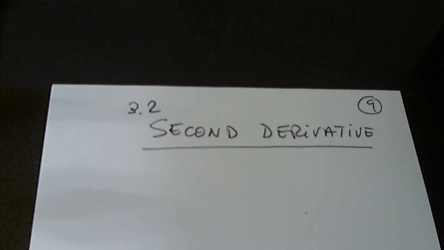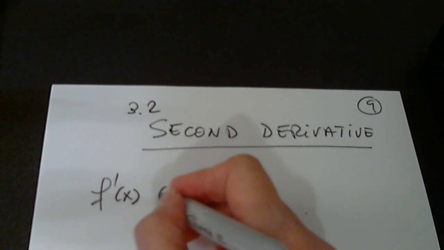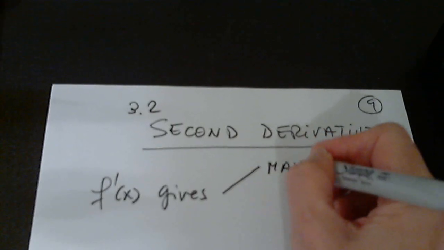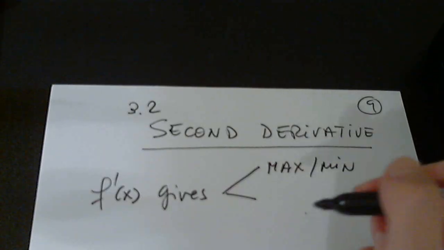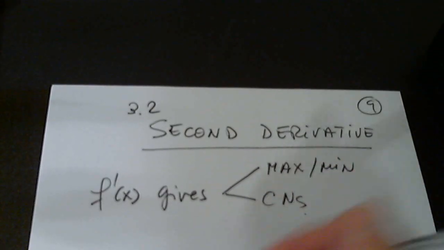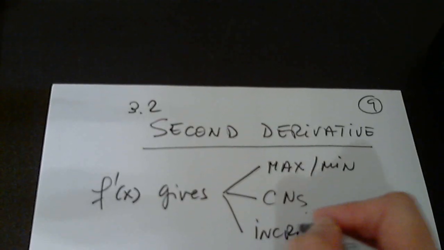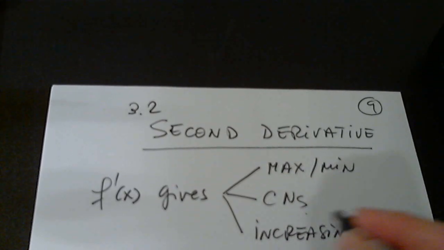Again, I'd like to recap. f prime of x gives max min. I mean, this is not the perfect order. Critical numbers should be first, then max min, increasing, decreasing intervals.